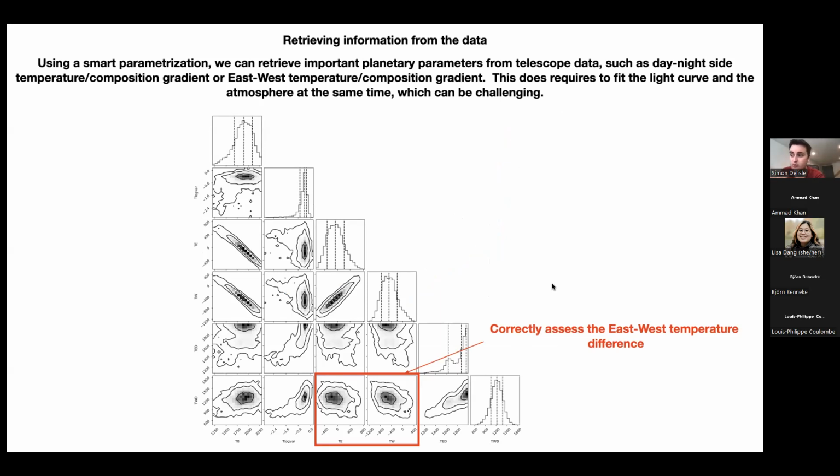So basically, the closest that we can get to real data before we have real data from James Webb. The parameterization is not perfect, but one thing that we did see is that it accurately assessed that there's an east-west temperature difference between the east and west limb. So this is quite exciting, and we're still working on making it an even better framework. But yeah, this is pretty nice for now.